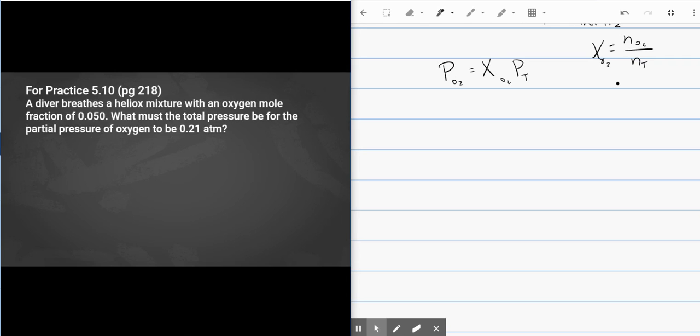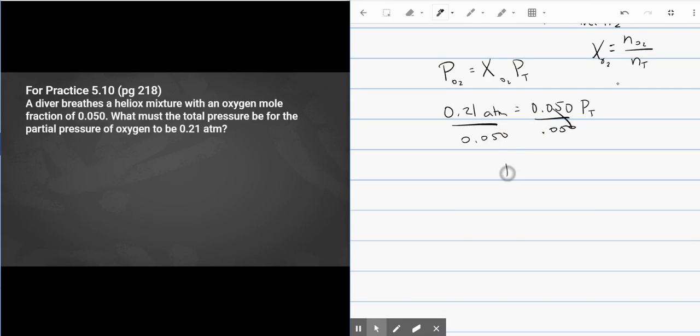All right, so we're going to plug in our values. The pressure of O2 they give us is 0.21 atm, and the mole fraction is 0.050. We're going to multiply that by the total, and they want us to find the total pressure. So all we're going to do is divide by this 0.050 on both sides.